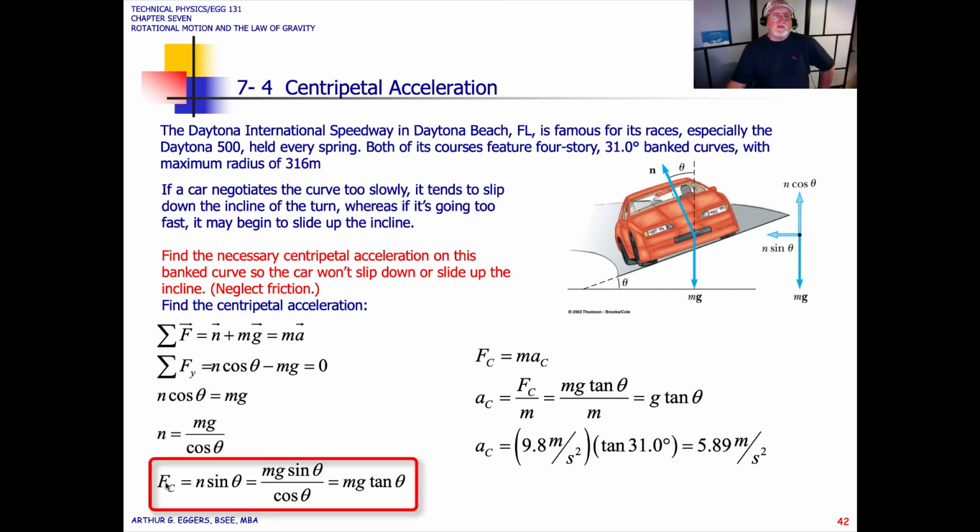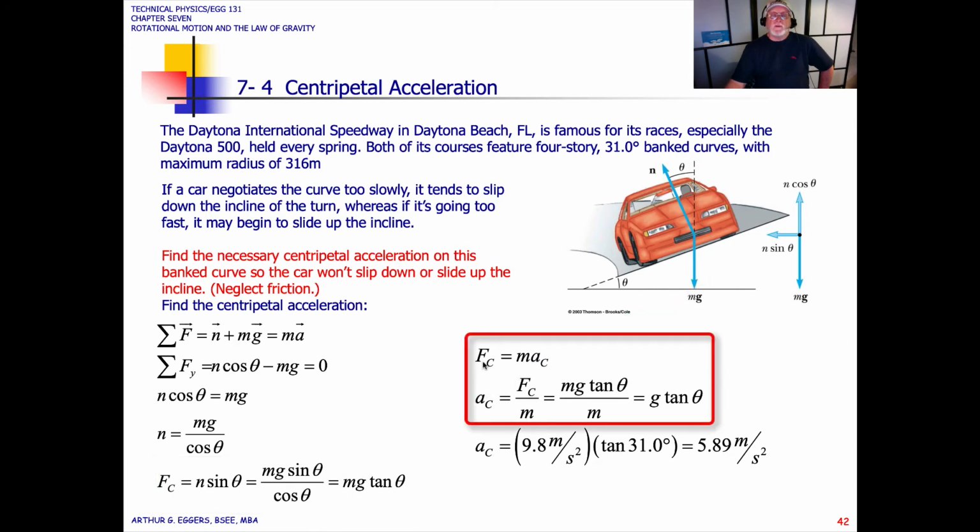The force centripetal then is equal to n sine theta, which equals mg sine theta over cosine theta, which gives us mg tangent theta. Remember that identity? We've used that before. So the centripetal force is equal to m a centripetal, mass times acceleration centripetal.